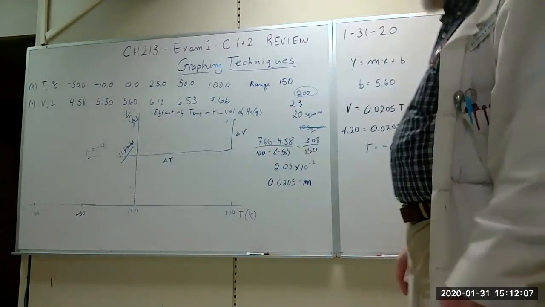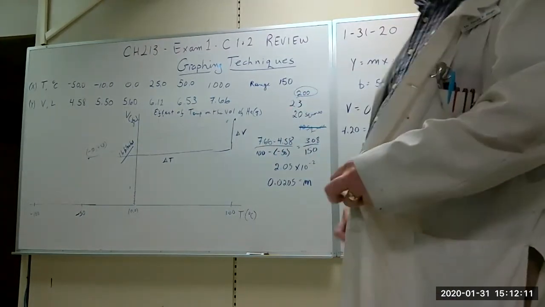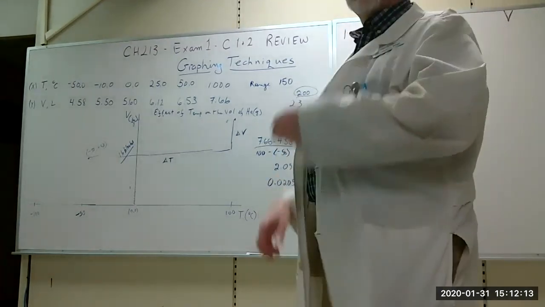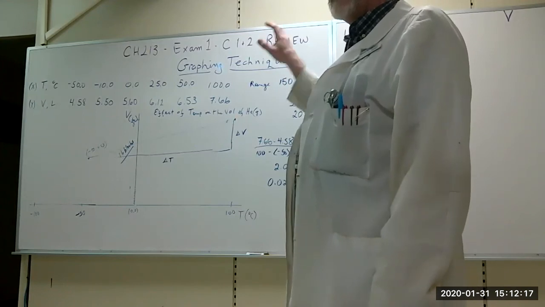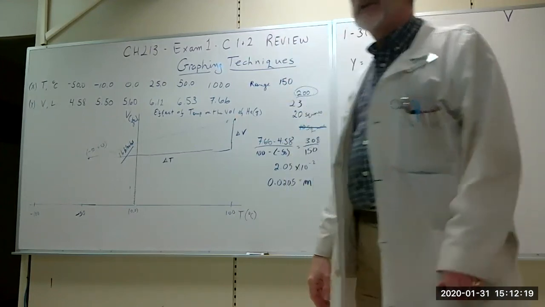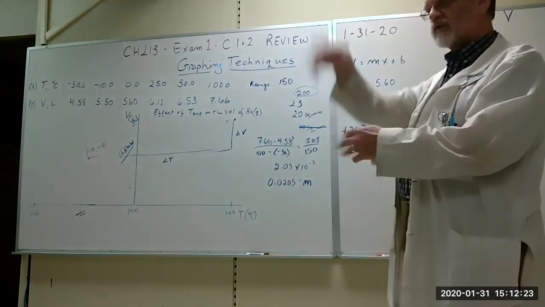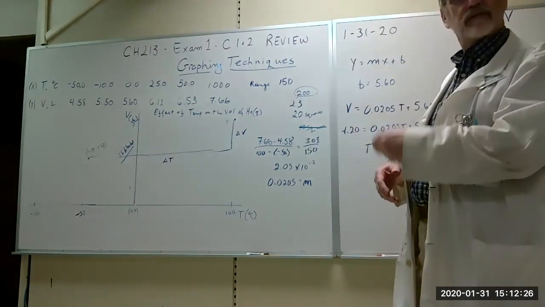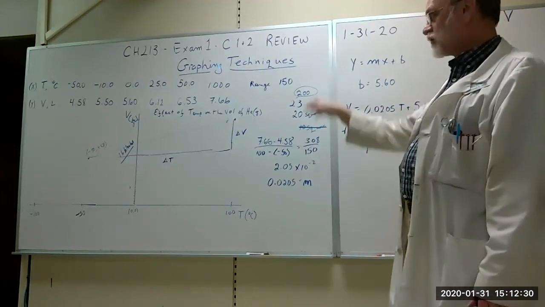The nice thing about this type of data nowadays is that there are a number of different programs that'll do all that for you in the computer. All you have to do is put your data in. It'll plot it. You can tell it to draw a trend line, see if it's straight. It'll give you the equation for the trend line.